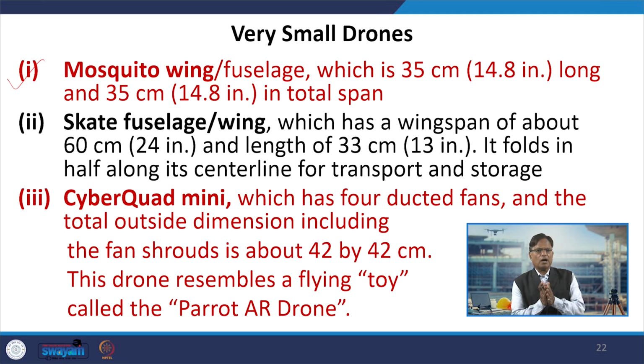It folds in half so that it is easy to carry, to transport, and for storage purposes. The third category is the cyber quad mini, which has 4 ducted fans and a total outside dimension, including the fan shroud, of about 42 by 42 centimeters. This drone resembles a flying toy called the Parrot AR drone. So, you will find that they are very small drones as far as the size is concerned.